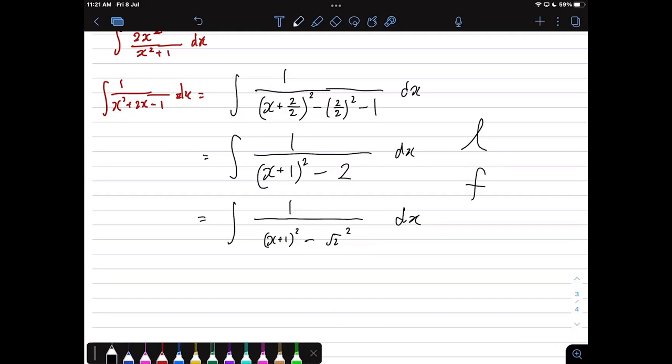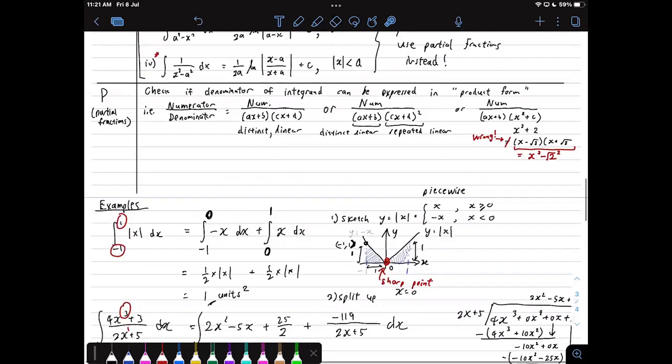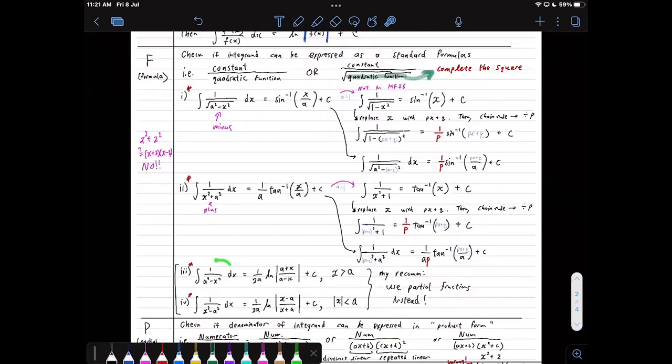Yes, actually it's the x squared minus a squared format. But that's part 3 and part 4, remember? Yes, but with x replaced with x plus 1. I didn't show you because I don't want you to do it. I want you to instead use partial fractions. It will always work. Yes, it will always work.